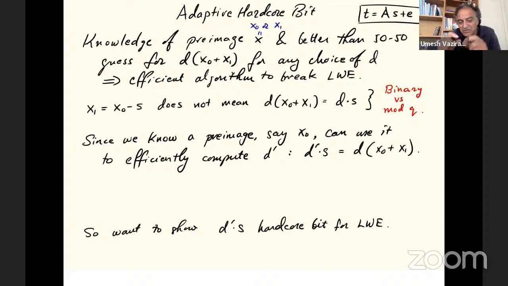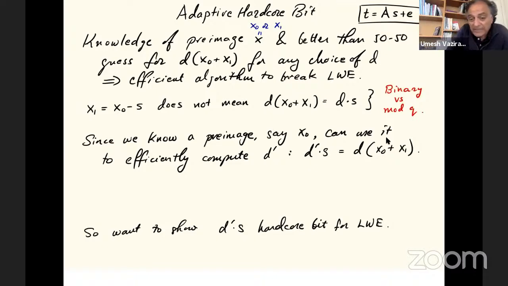So in that single bit, in each position, since s is a binary secret, we will know that there are only two possibilities for how subtracting s changes the bit values of x0, and so using that you can figure out what d prime looks like.